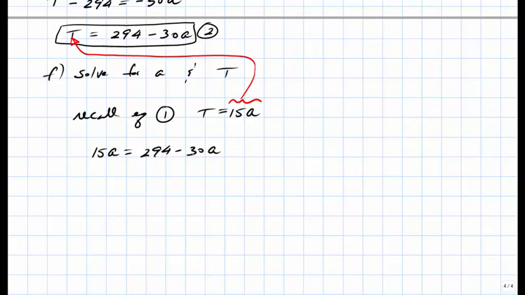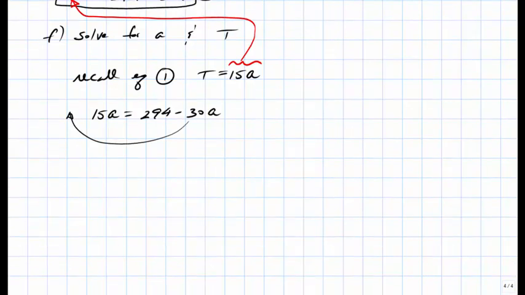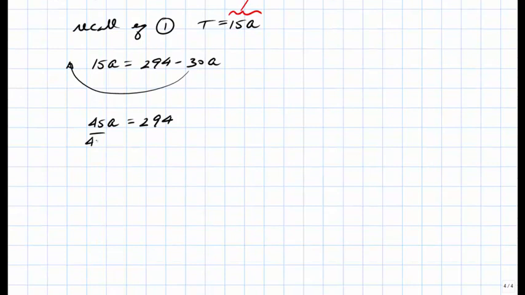We'll bring the 30a over to the left-hand side and note that it becomes positive. And so we have 30a plus 15a. That results in 45a equals 294. Next, we'll divide both sides by 45. And the result becomes 6.533. And of course, the units for acceleration are meters per second squared.